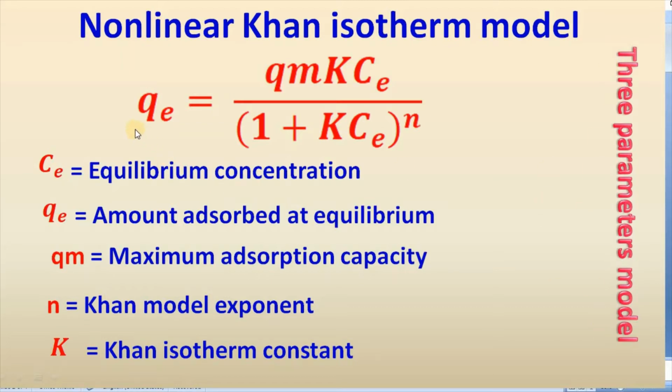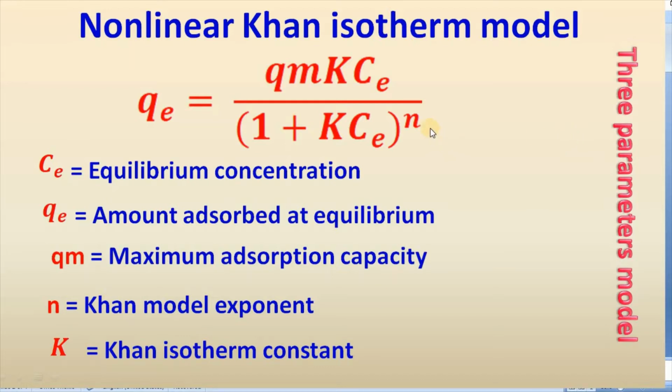The simplified form of the Khan equation can be written as Q equal to Qm K Ce divided by (1 plus K Ce) to the power n, where C is the equilibrium concentration, Q is the amount adsorbed at equilibrium, Qm is the maximum adsorption capacity, n is the Khan model exponent, and K is the Khan isotherm constant.